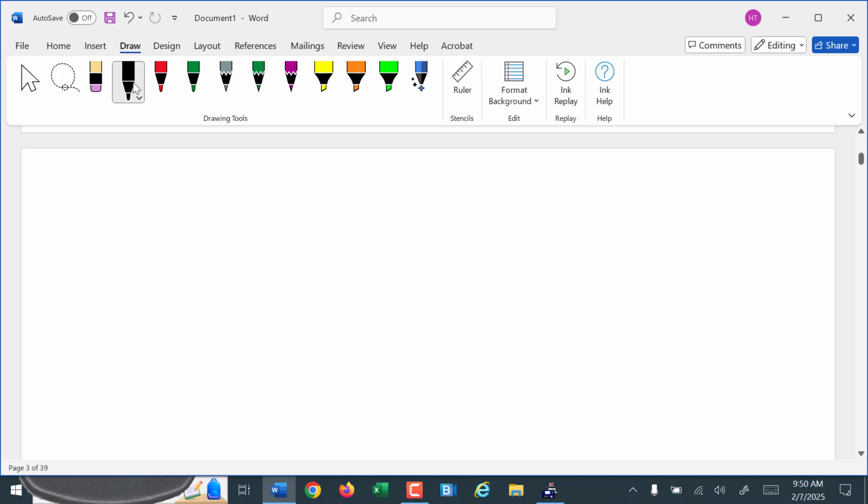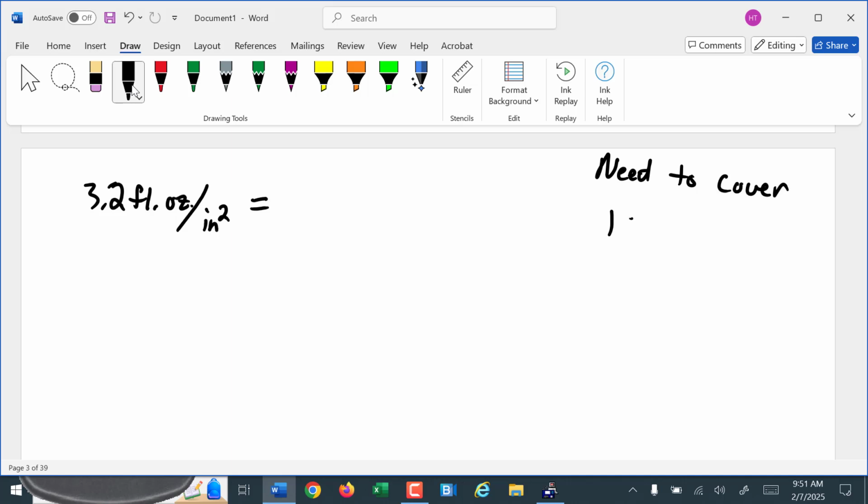You might have something listed as a consumption rate of 3.2 fluid ounces per square inch of surface area. And let's put this into a context. Let's say we need to cover 1,800 square feet.